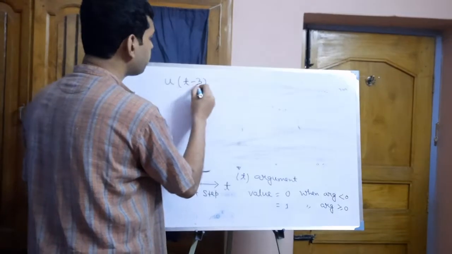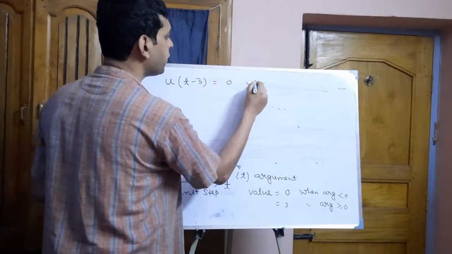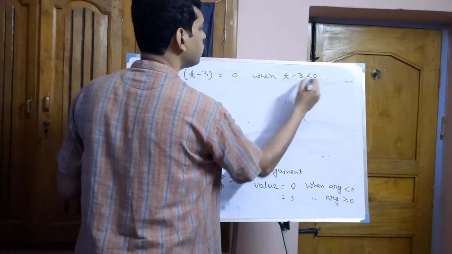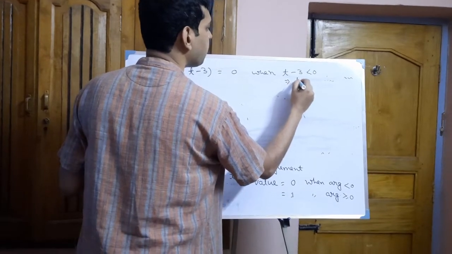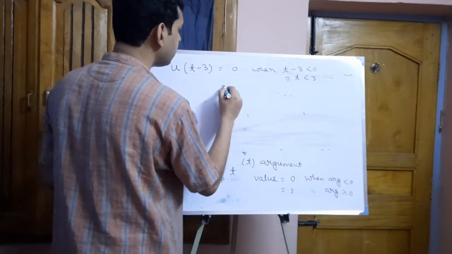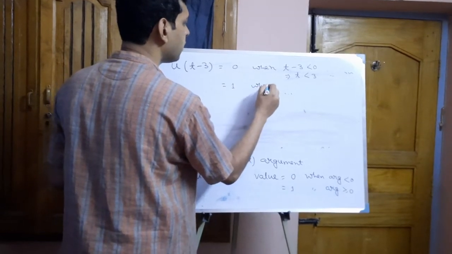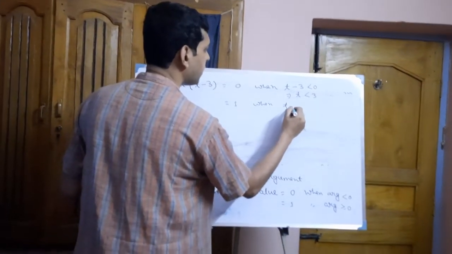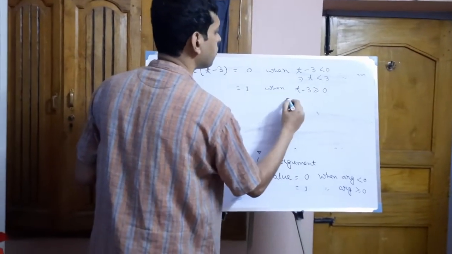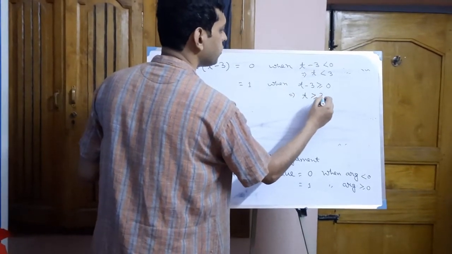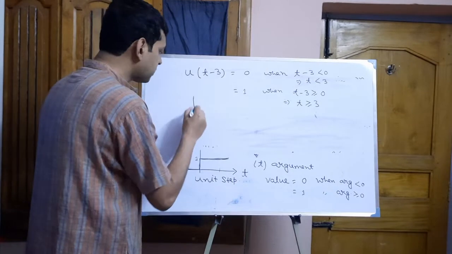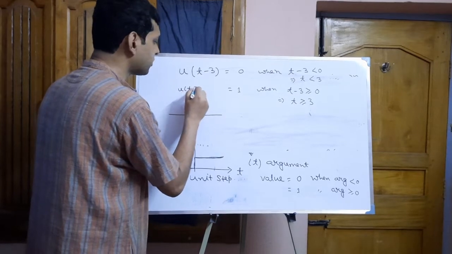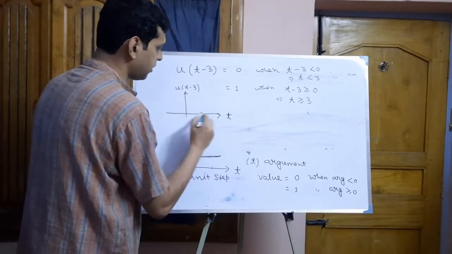So, the value of u(t minus 3) is equal to 0 when the argument, that is t minus 3 less than equal to 0, that is t less than equal to 3, and this is equal to 1 when the argument is greater than equal to 0, that is t minus 3 greater than equal to 0 or t greater than equal to 3. So, the function looks like this one. This is u(t minus 3). This is the time axis.